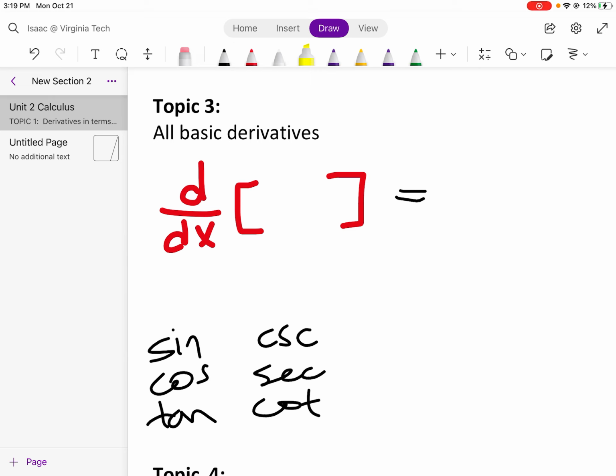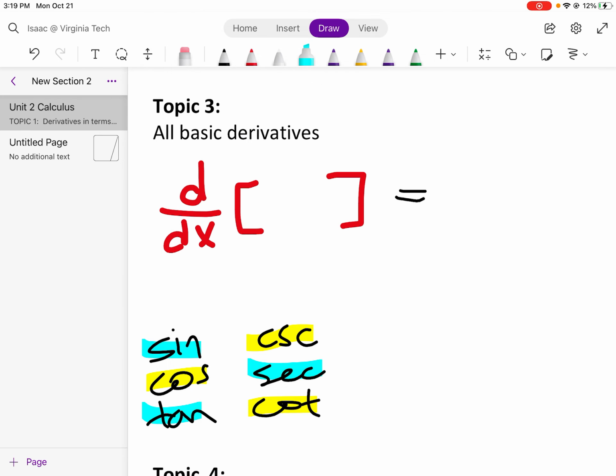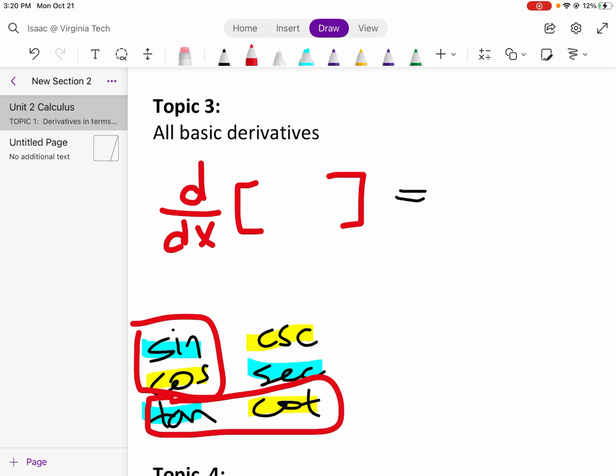Just like with the normal ones, these 3 are negative, and then these 3 are positive. And then I'll circle the 2 that actually look kind of similar to each other. These end up looking similar, these and these. So we almost have 3 types. Let me show you what I mean. Let's say we have this, which is also the same thing as arc sine.